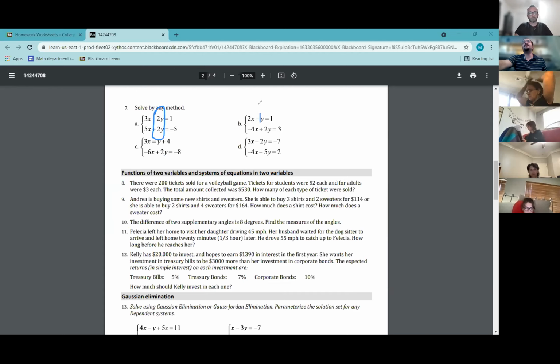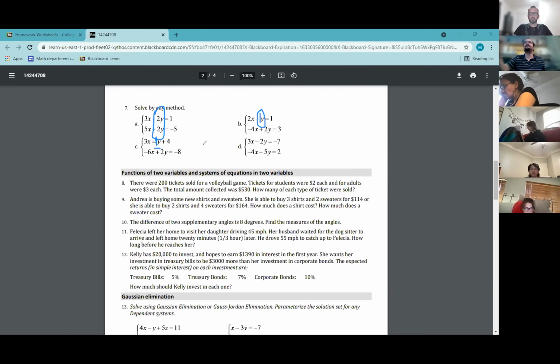If you have one negative and one positive already set up, you get rid of it with elimination. Otherwise you would do substitution? It's just if it seems easier, go for it. You have to look at them and see whether it's easier to find a number that I can eliminate, or to solve for a single variable.